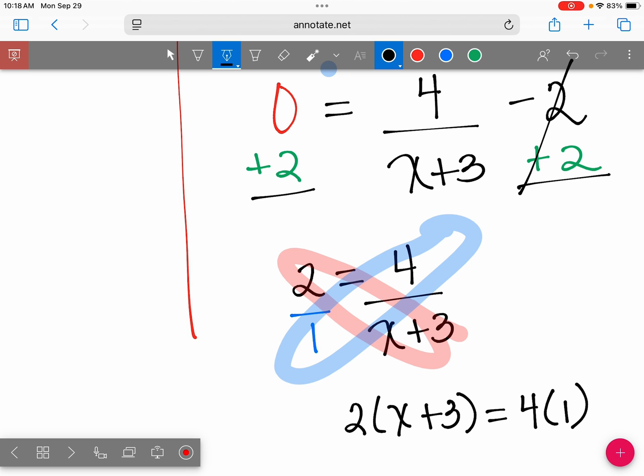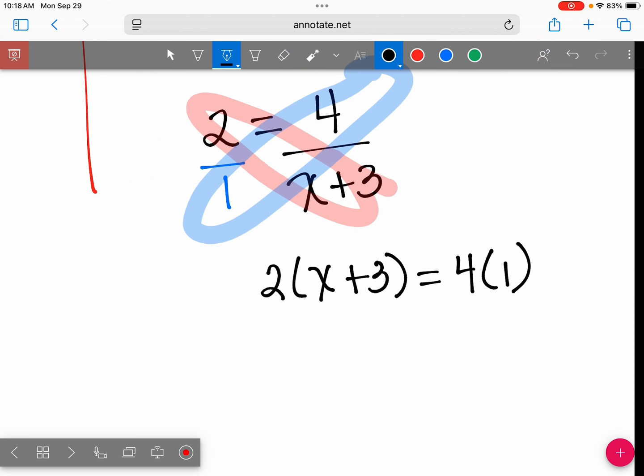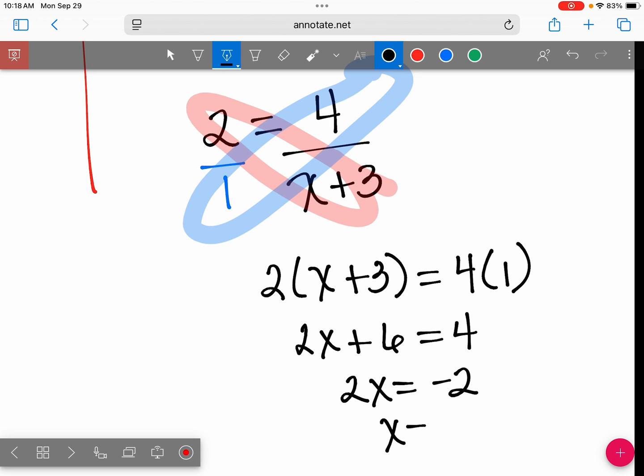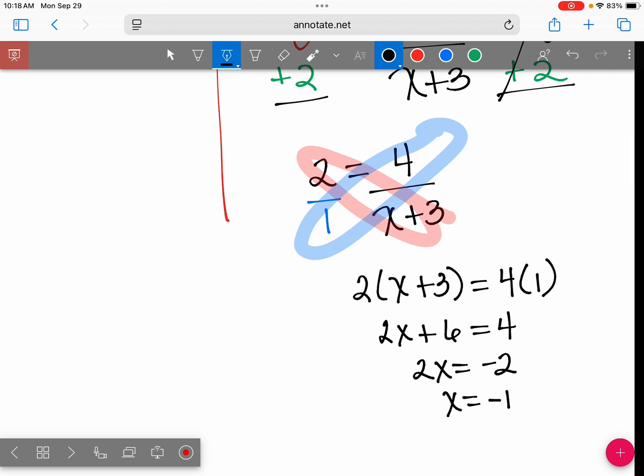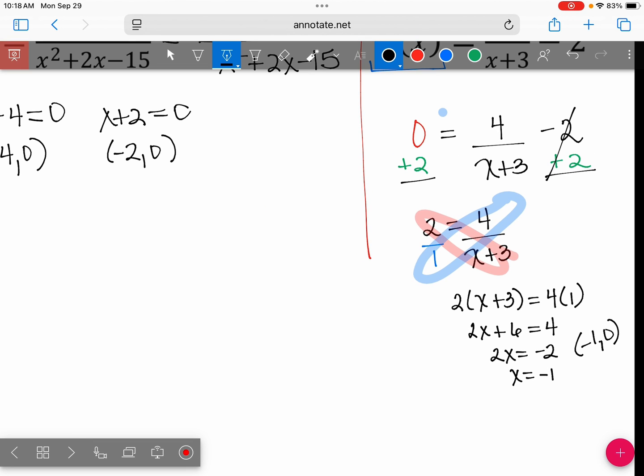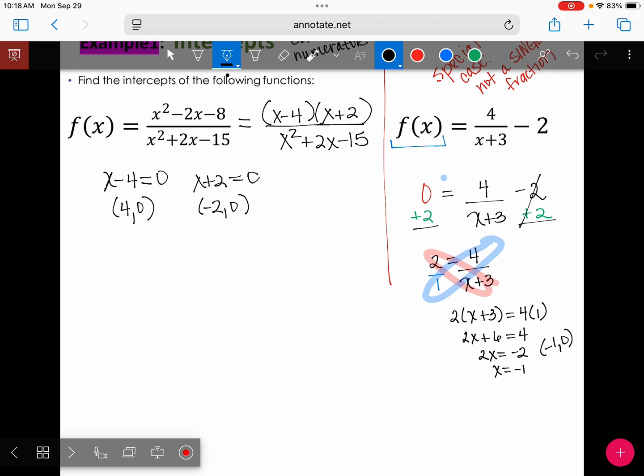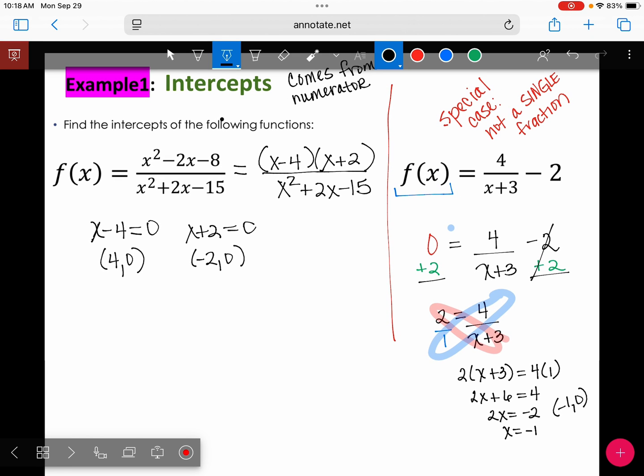And again, pause the video to see if you're going to get the same answer that I get. So if you got (-1, 0) as your answer, you are correct. That would be our x-intercept. And that covers example 1.